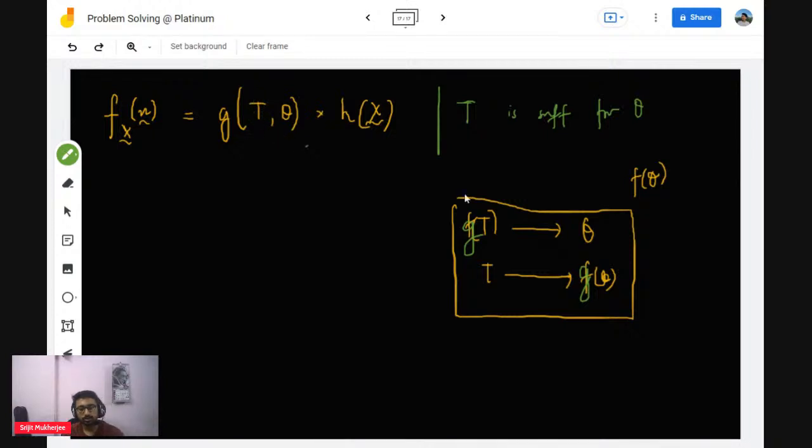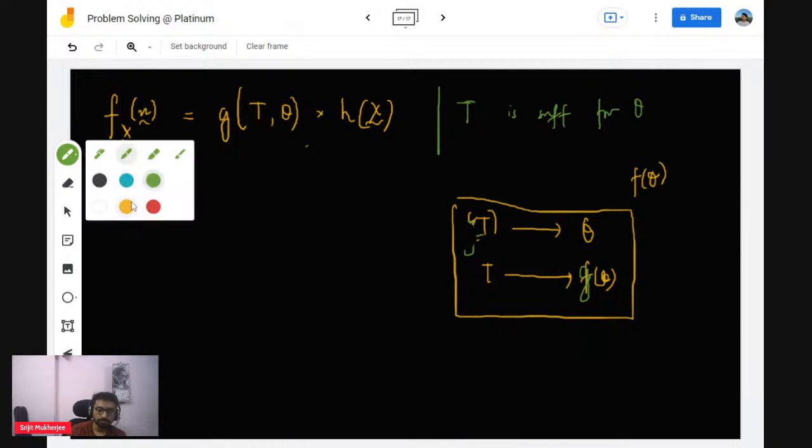Let's call it m of t, because there are a lot of variables over here. Let's call it p of t or s of t.